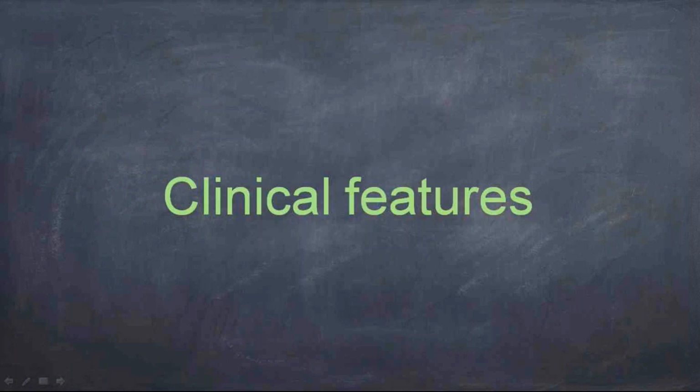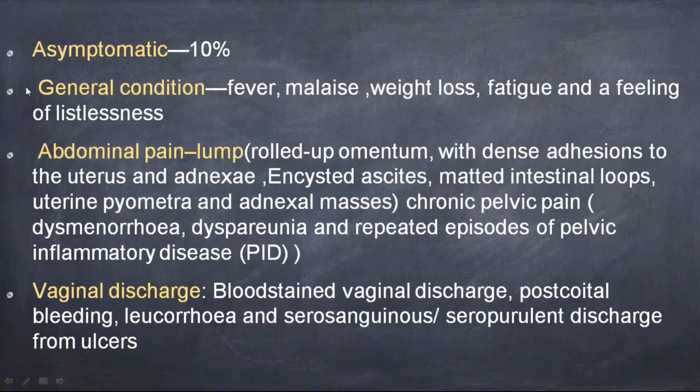So what are the clinical features of genital tract tuberculosis? Mostly asymptomatic in 10% of the cases. Generally the normal TB symptoms like fever, malaise, weight loss, fatigue, and feeling of illness. These are all normal tuberculosis symptoms. And then specifically for TB genital tract, you have abdominal pain or lump.